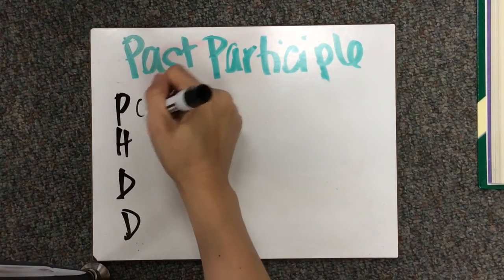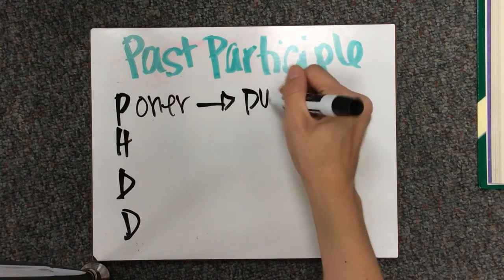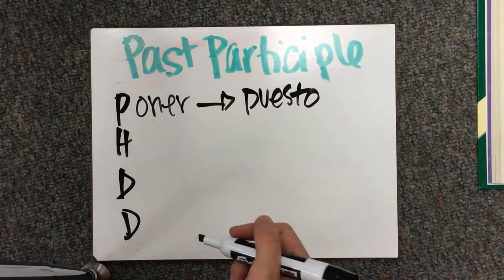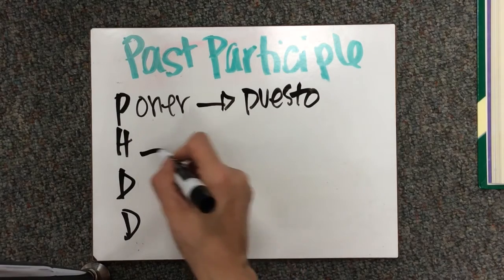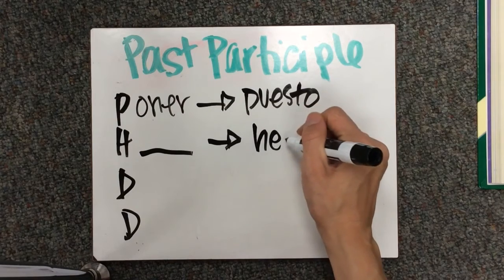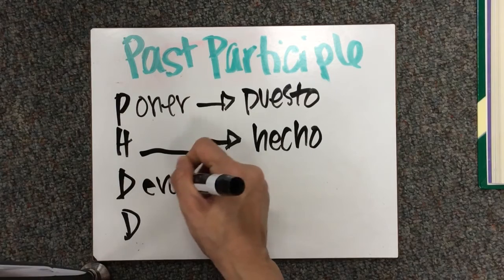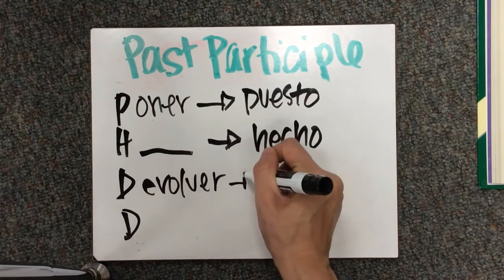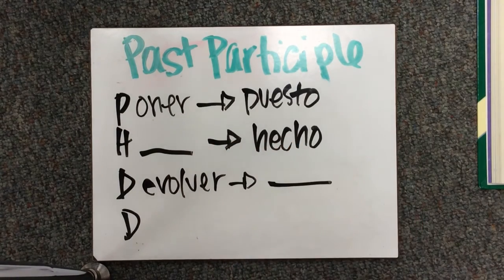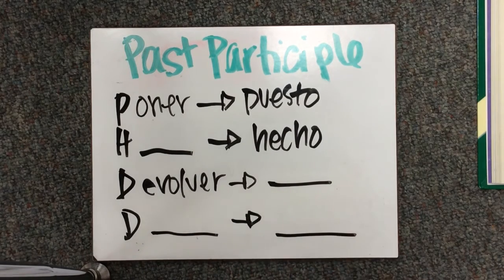The P comes from poner, which becomes puesto. The H comes from hacer, which becomes hecho. The D comes from devolver and becomes devuelto. And the second D comes from decir, which becomes dicho.